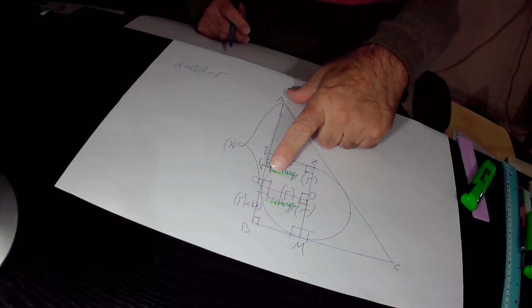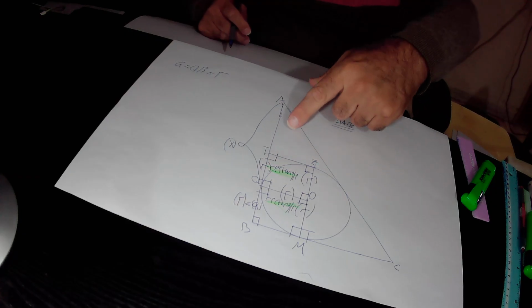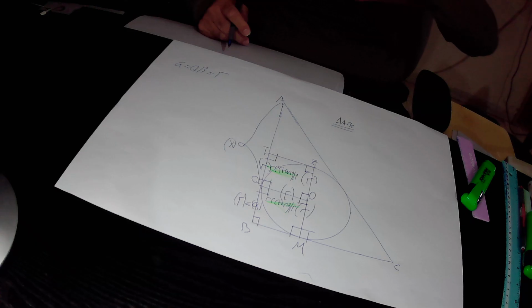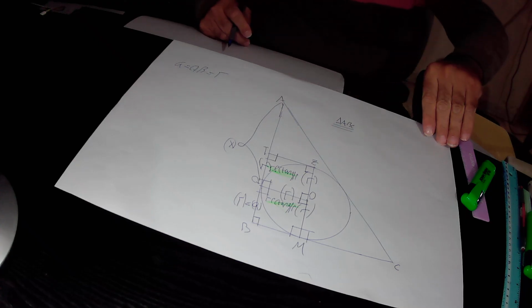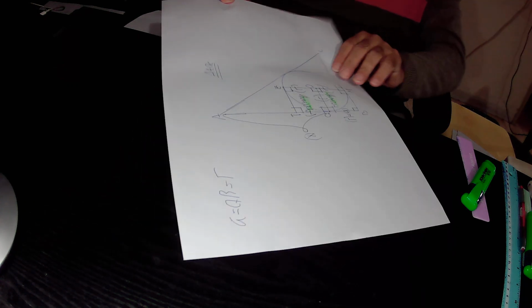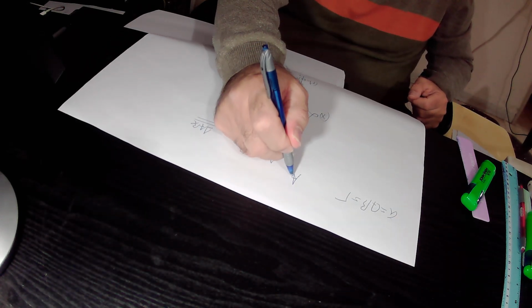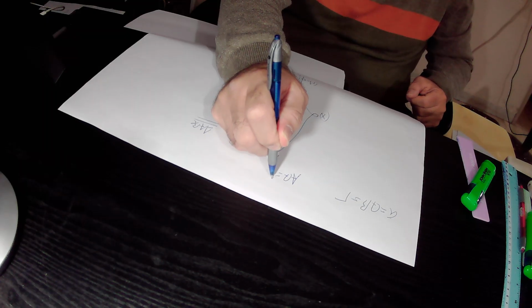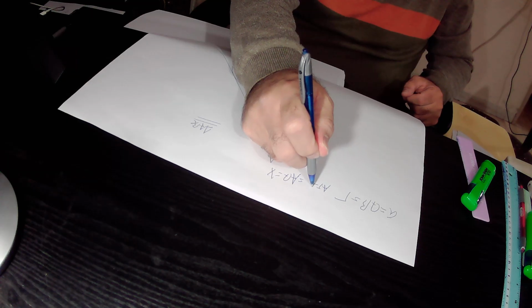So AQ in total equals AT plus TQ. TQ is R, so in total AQ equals AT plus R. So AQ equals X and AQ also equals AT plus R.